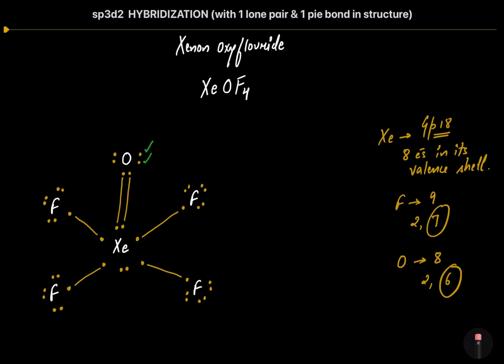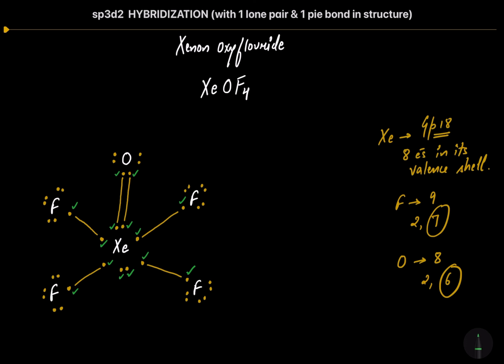Now, let's talk about xenon. I am counting the number of valence electrons for xenon after the formation of 1,1 bond with 4 fluorine atoms and 2 bonds with 1 oxygen atom. So that's the first electron, second, third, fourth, fifth, sixth, seventh, eighth, ninth, 10th, 11th, 12th, 13th, and 14th.